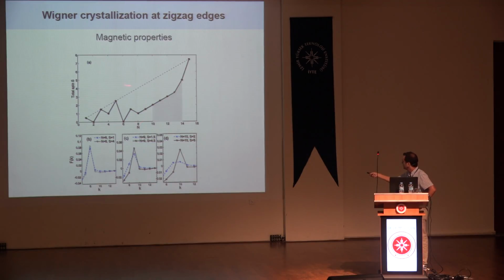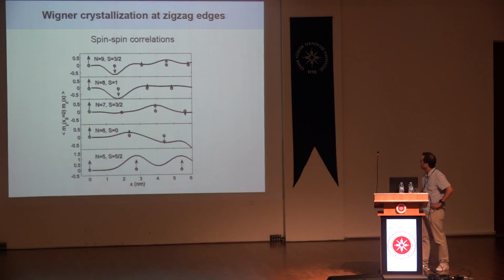So let me come back to how this spin depolarization happens. Here I'm plotting the spin-spin correlation defined here. Basically I have a fixed up spin at x equals 0, and I'm looking at the spin of the remaining electrons for different numbers of electrons.